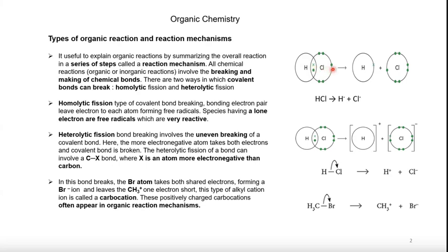Now, if we break this bond and have one unpaired electron on hydrogen and also an unpaired electron on chlorine, this is called homolytic fission, and thereby we get free radicals, hydrogen free radical and chlorine free radical, and these free radicals are very active.